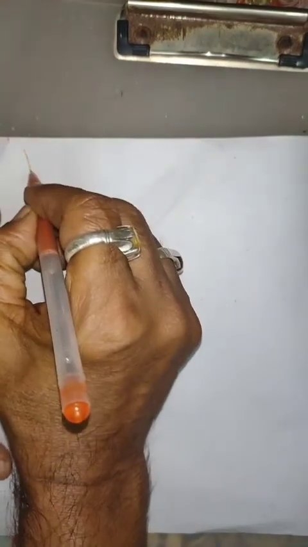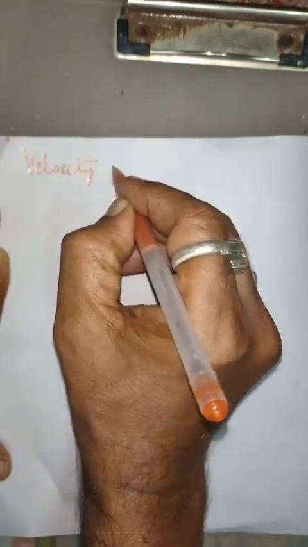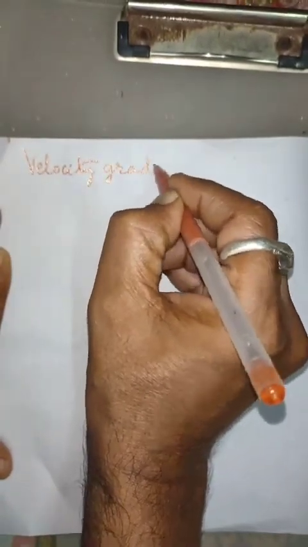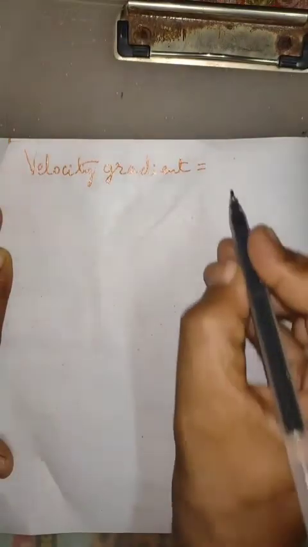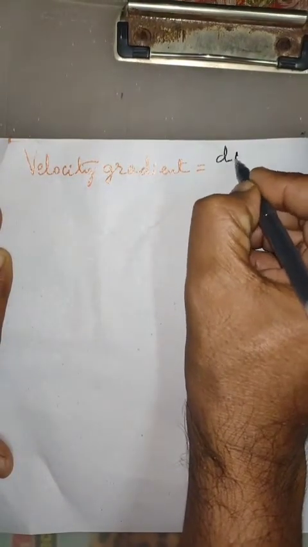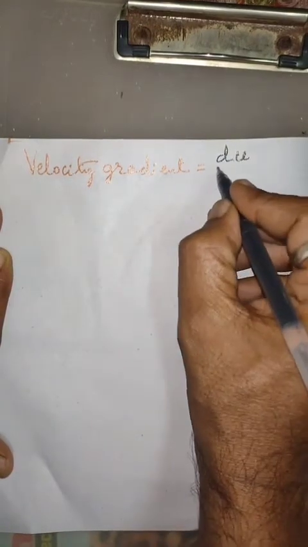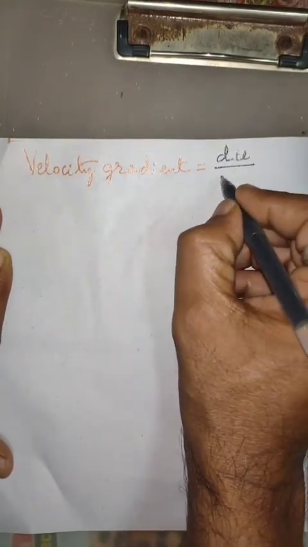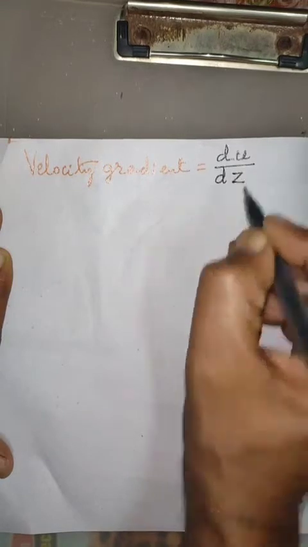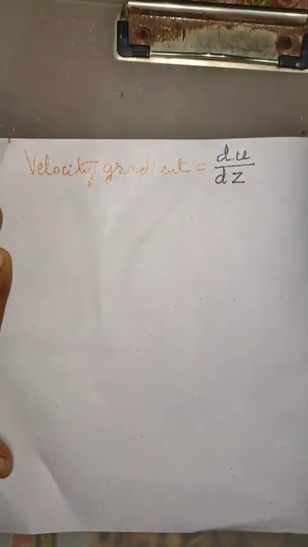Let's take what is velocity gradient. Velocity gradient is given by a formula: small change in the velocity divided by the distance between layers. This is called velocity gradient.